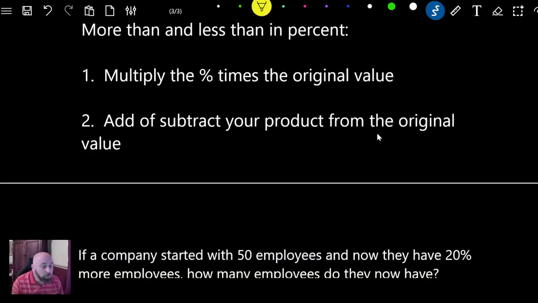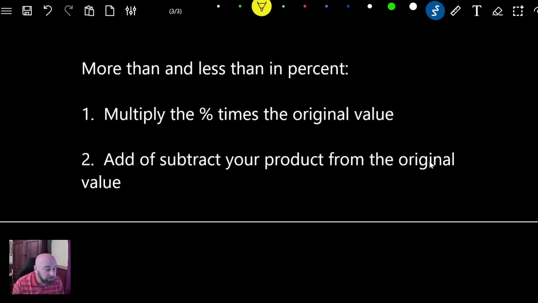Okay? One more thing, and then we'll be done. When we have more or less in percents, what does that mean? Sometimes you can have more than you have, or you have less. What we really did right there was a less than in percent, because it was 25% less than 700. But sometimes you could have more than. We're not talking about sale prices anymore, because sales are always less than, right?